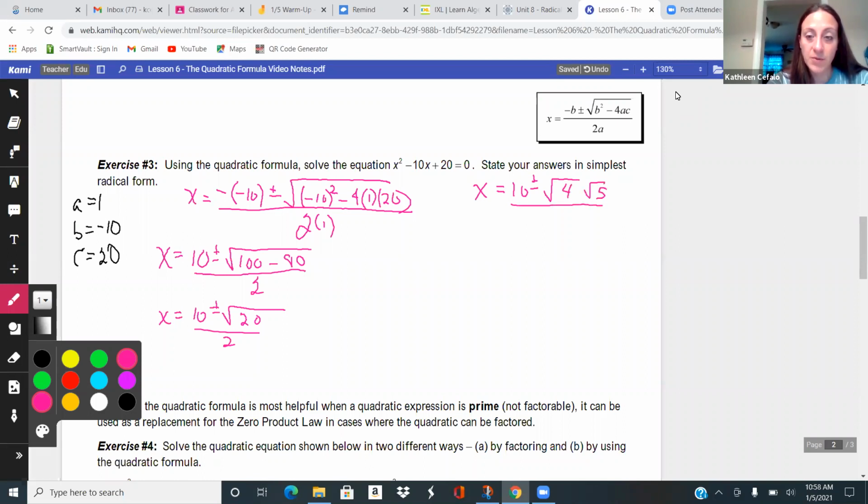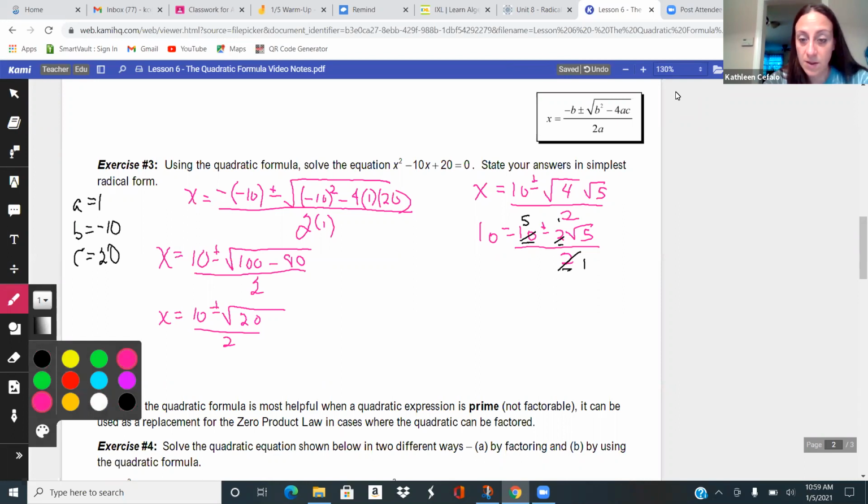Square root of 4 is our perfect square, and that's going to simplify down to 2. Okay, and then our last step is to try and reduce. And again, I check my denominator and I see, can that be divided into both the number in front of the plus and minus and the number next to the radical, and it can. So 2 goes into 2 once, 2 goes into 10 5 times, 2 goes into 2 once.